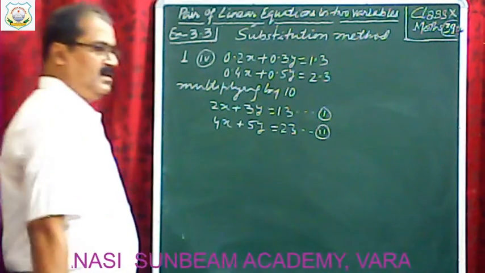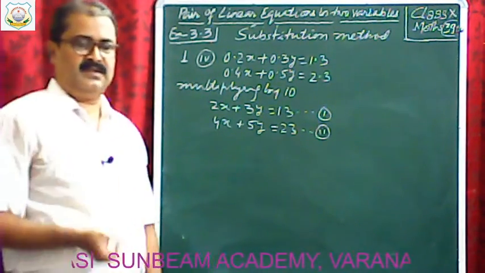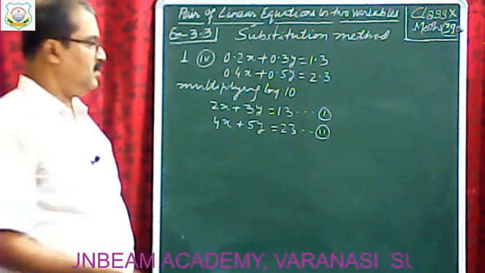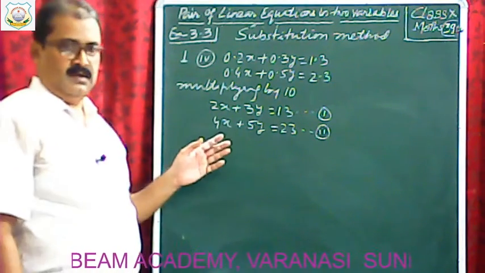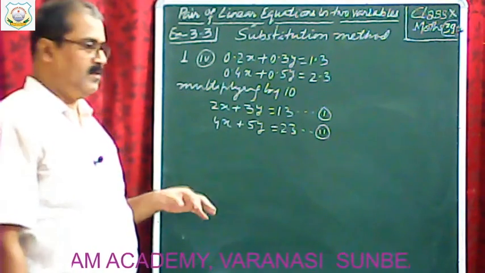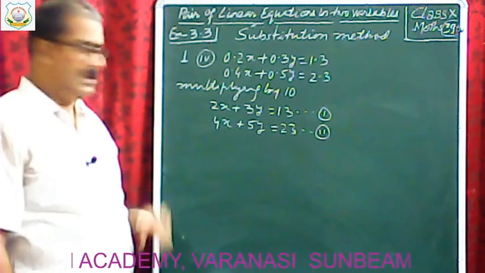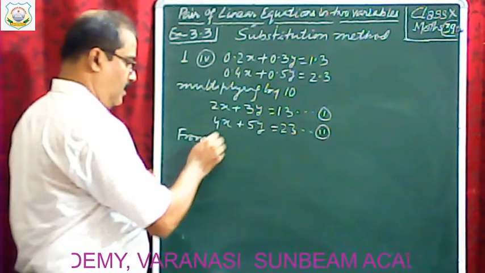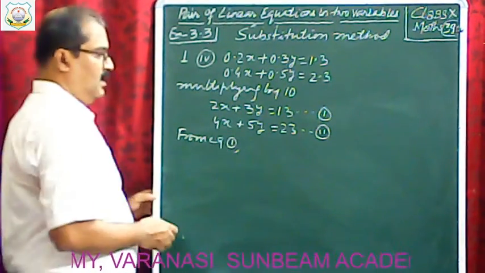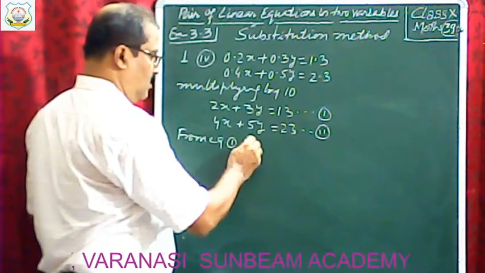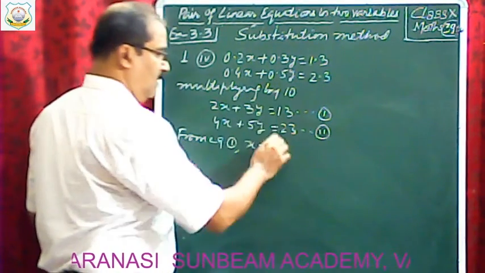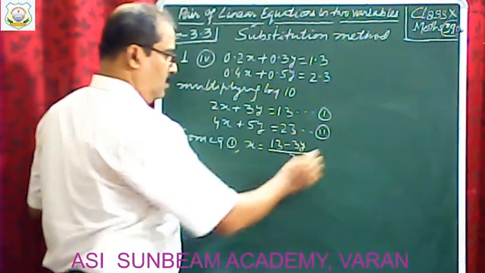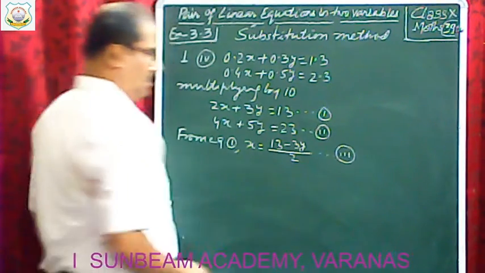Now by substitution method means, as per your convenience, you have to express one variable in term of other from one equation, and thereafter you have to substitute that value of x or y, whatever you get, in other equation. Clear? The first step. So from equation 1, express x in term of y. x equal to what? Transposing 3y, so 13 minus 3y whole upon 2, third equation.